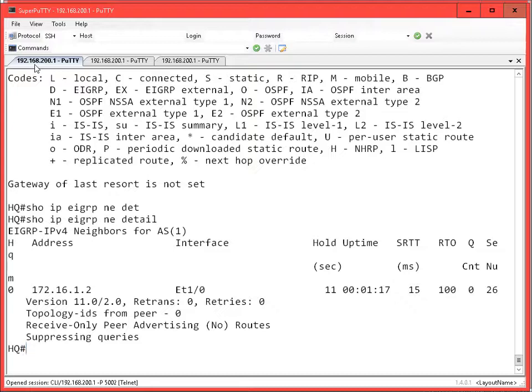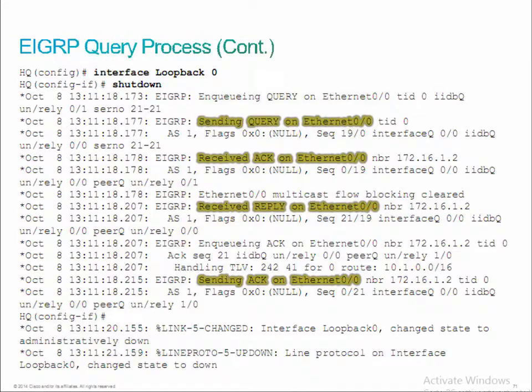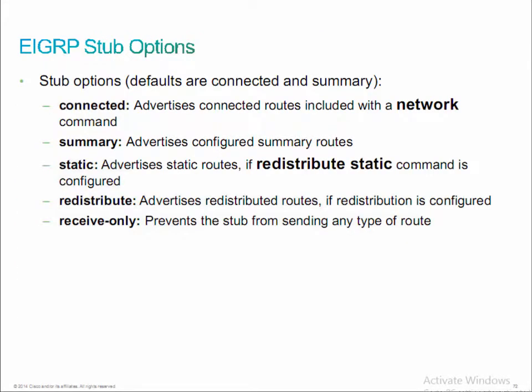If we go back to the list here, now that we've gone through the config, these are the 5 options, technically 6 if I just do stub, that I have when it comes to managing what gets sent from router BR1A to HQ. Understand that in every single one of these scenarios, queries get suppressed.